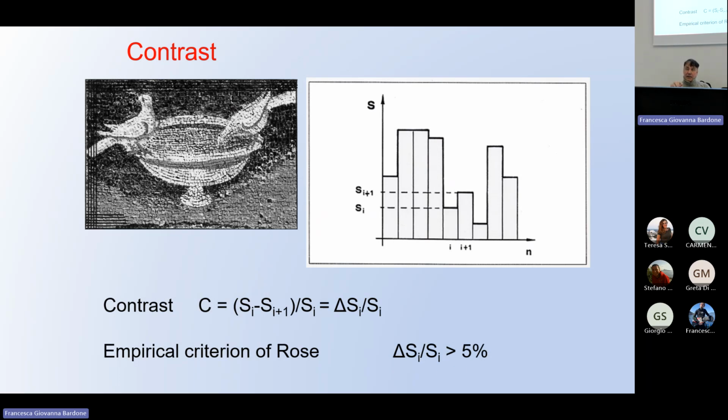The difference in intensity between two pixels should be at least 5%, for every type of signal. This means that if the difference is less than that, the image appears the same color.